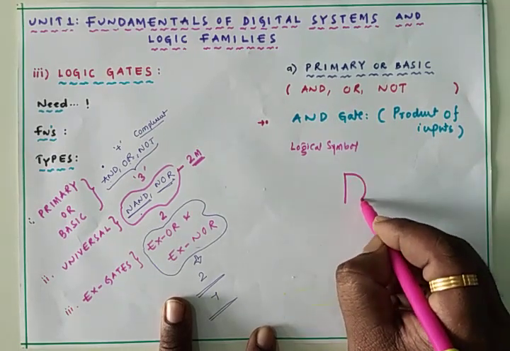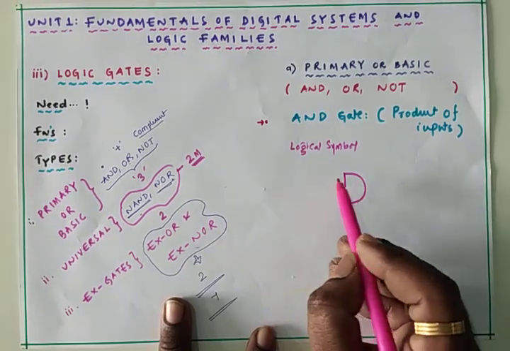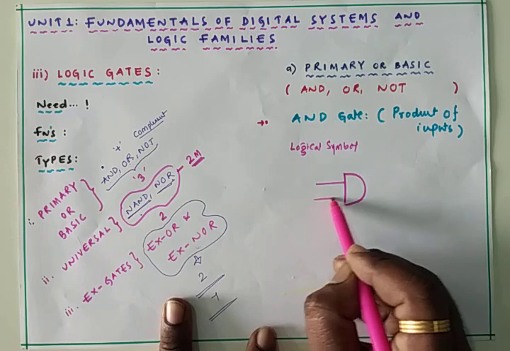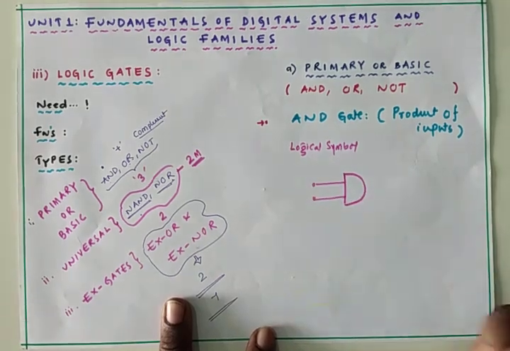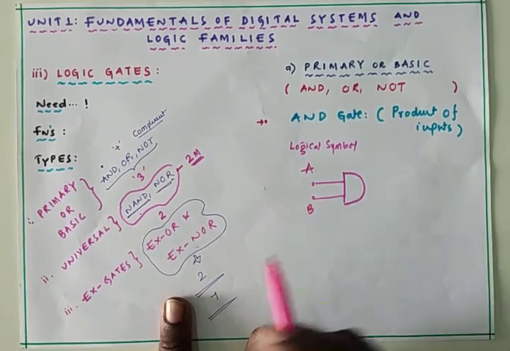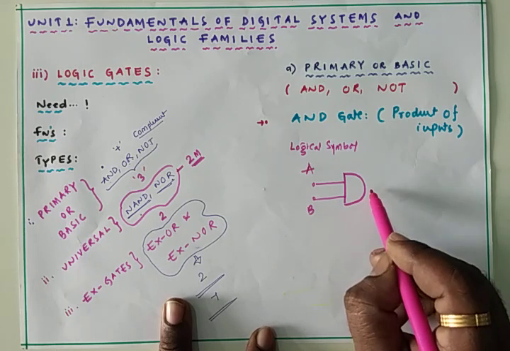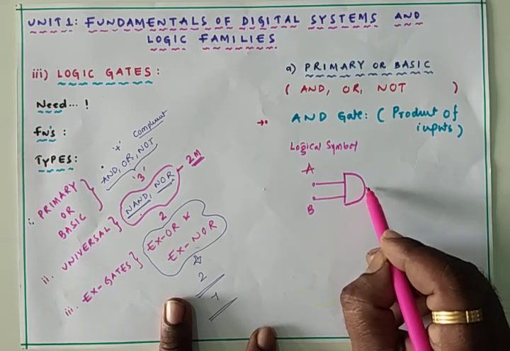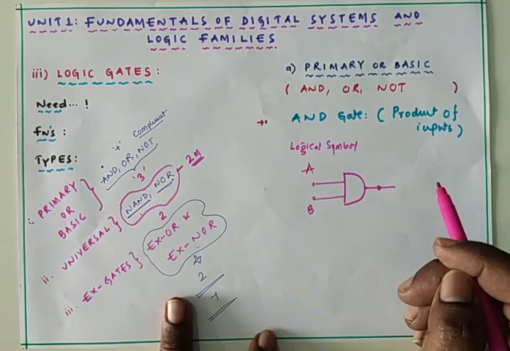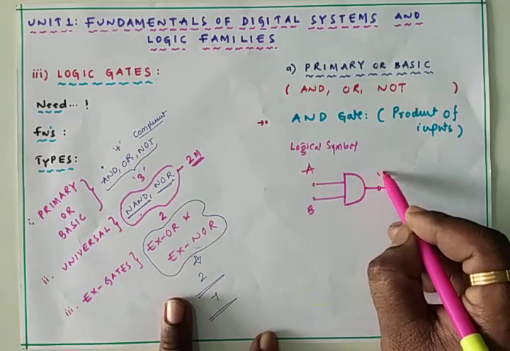This seems to be a D shape. This logic gate requires at least one input, so I am going with 2 inputs, named A and B. Whatever the number of inputs, the output is driven through only one output line, and that output may be either 0 or 1. This output I am calling Y.